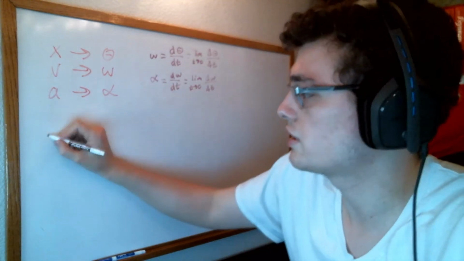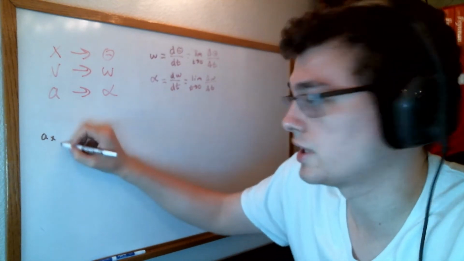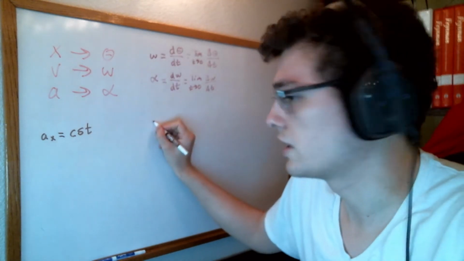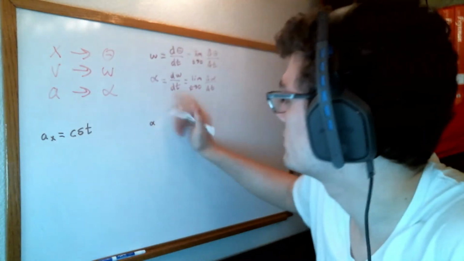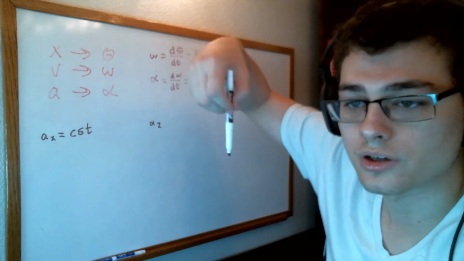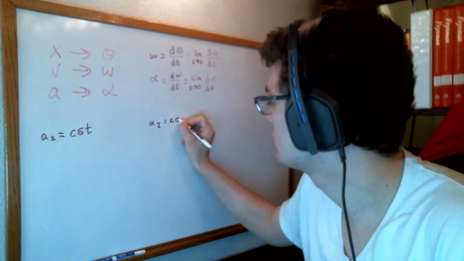I'm going to give you this chart that's out of your book. This should be table 1.9. So if we have a_x equal to a constant, and alpha, which is going to be alpha_z, the angular acceleration around the z-axis, is going to be a constant.